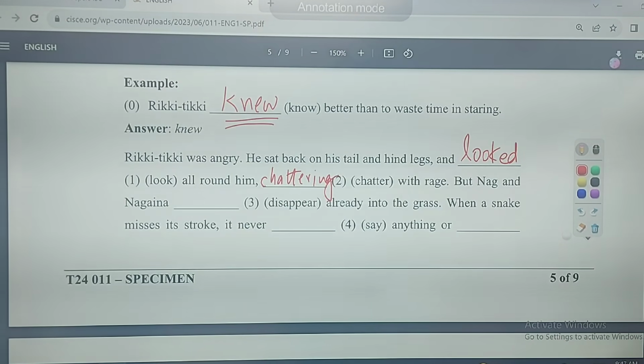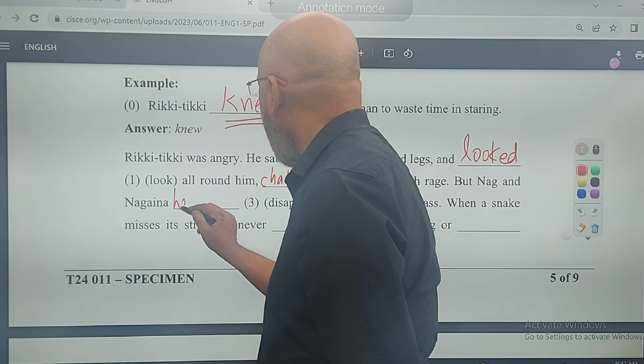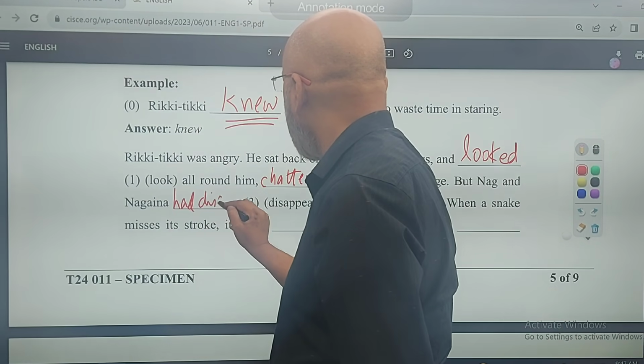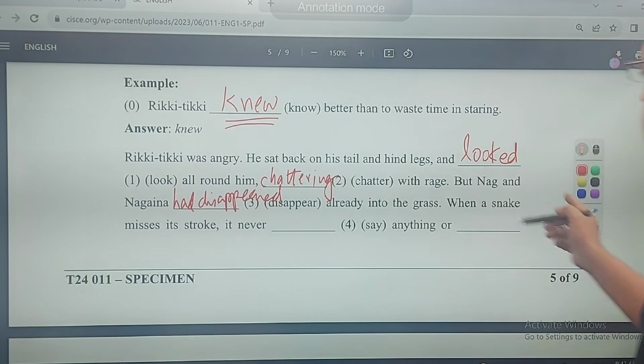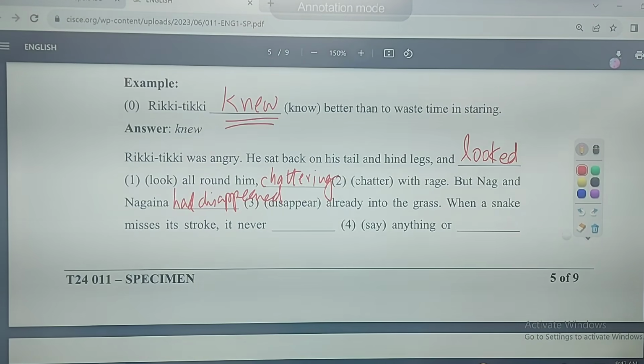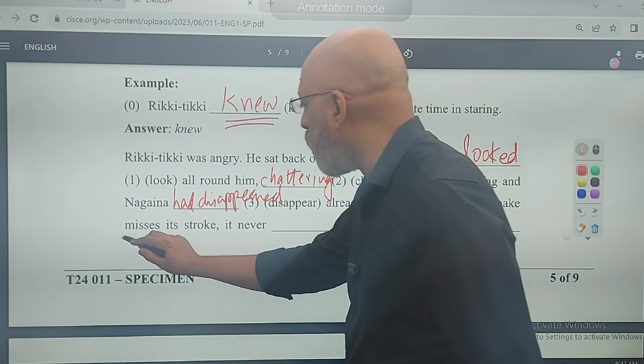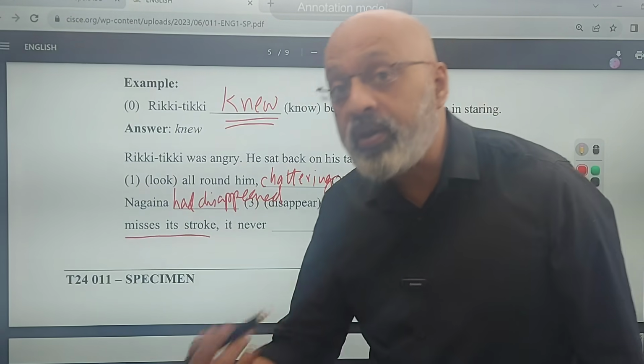But Nag and Nagina dash already into the grass. Now this has happened before, so it's a past perfect tense. So it will come to had disappeared already into the grass. When a snake misses its stroke, it never dashes anything or dash. So here, what is it saying? When a snake misses its stroke, it's stating a general fact.